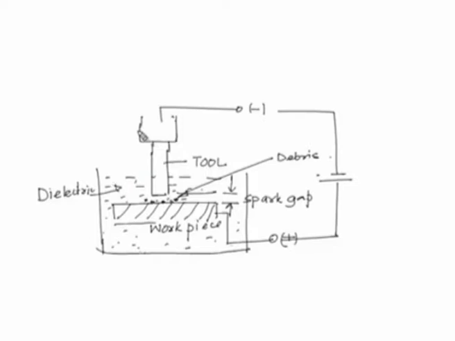The gap between the tool and the workpiece is provided so that the sparking can take place in this zone. Because of this sparking, the material will get removed from the workpiece, and this will ultimately create an impression exactly similar to that of the tool that we have used for machining this material.